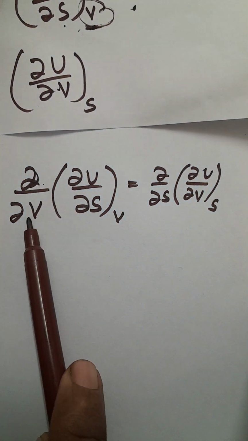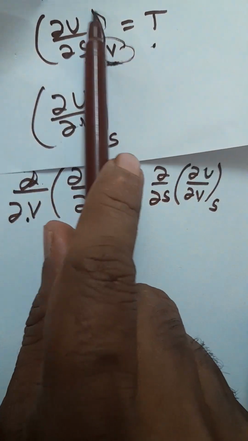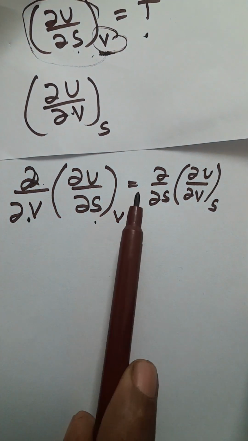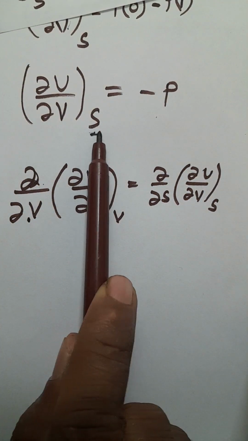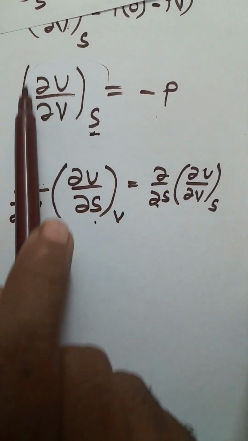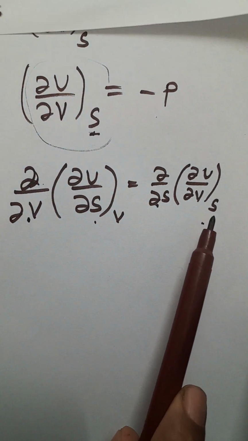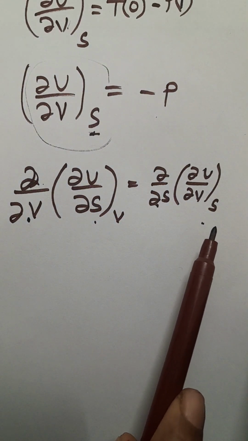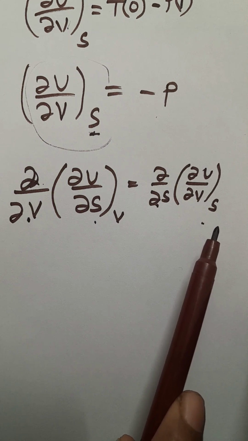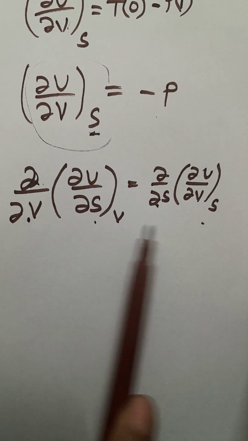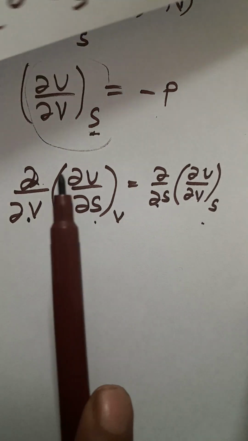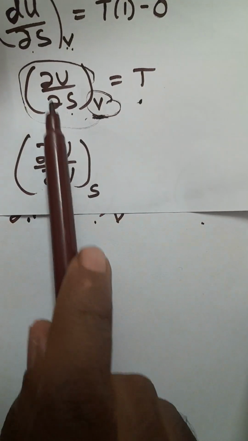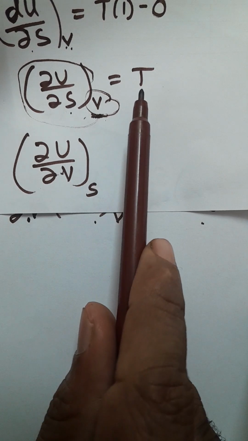With respect to V we do differentiation on one side, and with respect to S on the other side. Why are we writing like this? Because it should be in two variables. But we know ∂U/∂S at constant volume is equal to T.